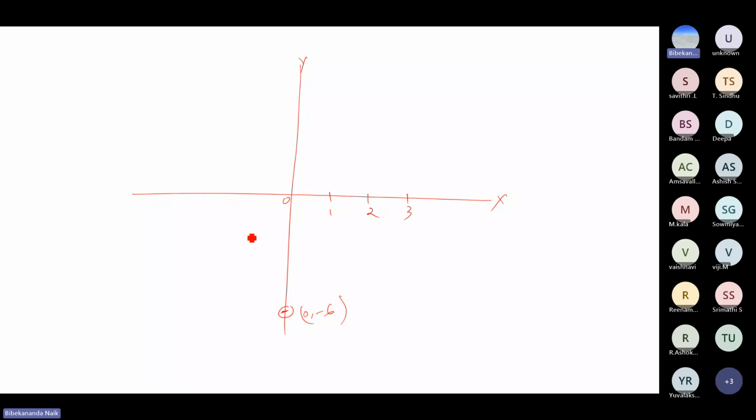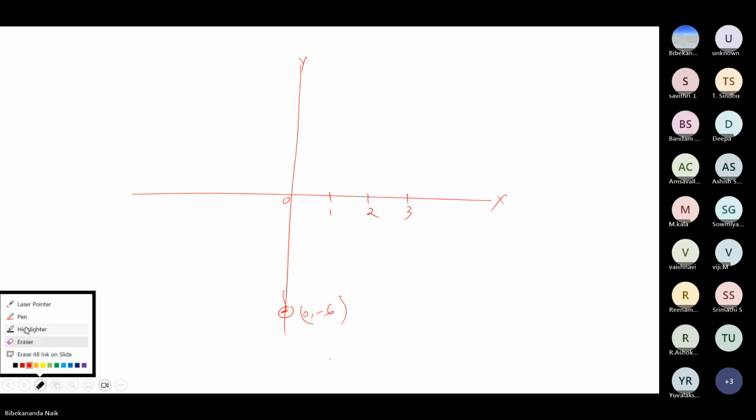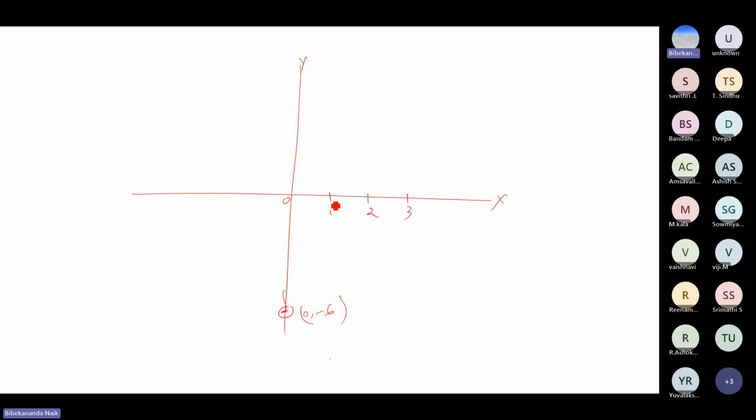So we will connect these points. The curve will go from this point to this point, and then it will again come to 2.